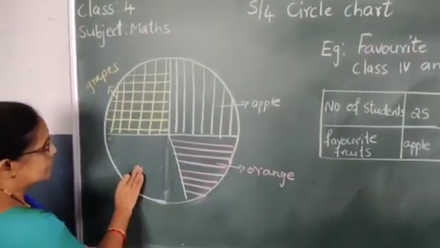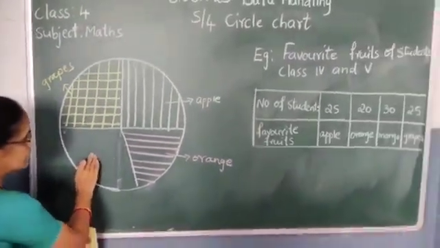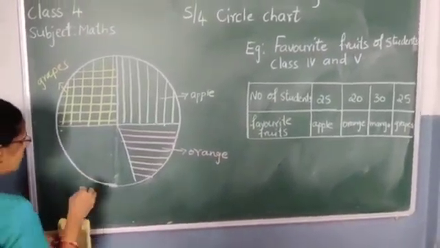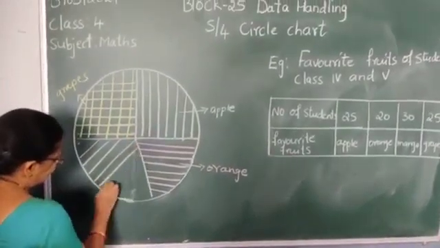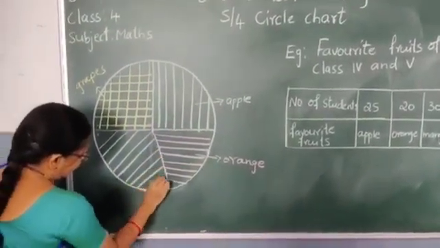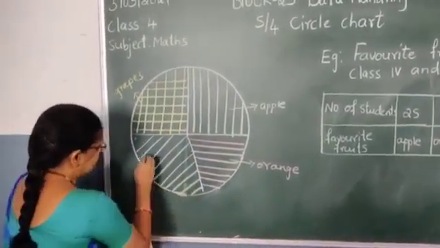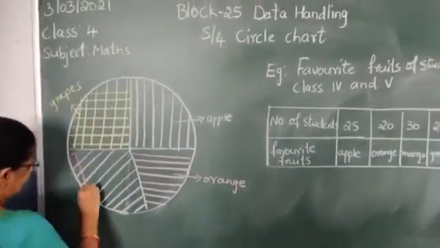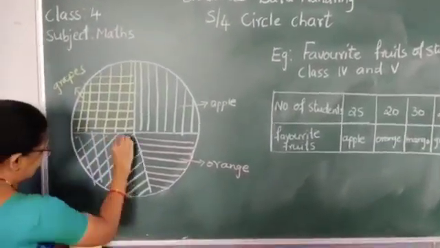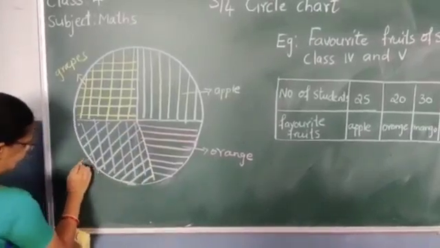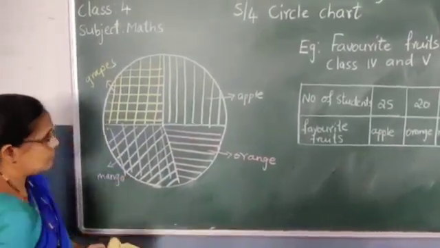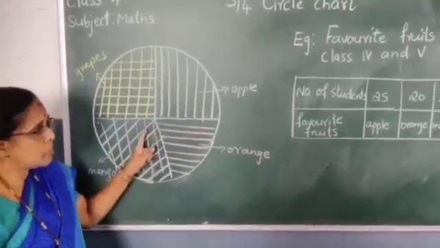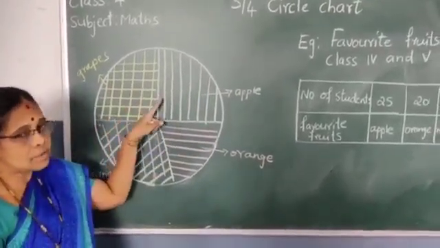Now this is 30%. 30% is like, children, what? Mango. So we will take this as mango, children. So now I hope you understood how to mark in the circle chart.